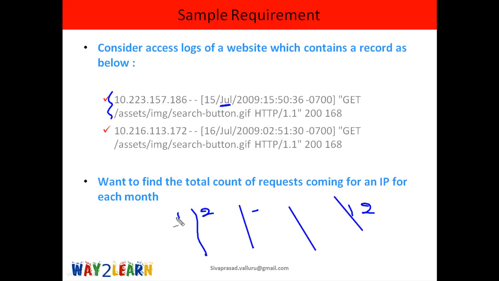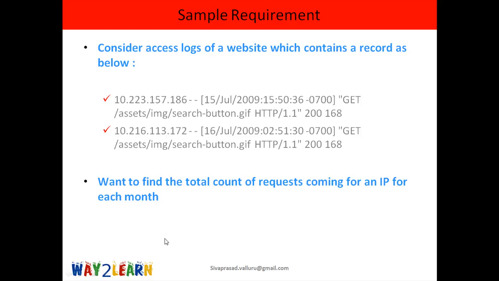If all the requests for January are coming to reducer 1, then on this reducer I can compute how many times this IP is coming as a key. I can compute the sum on this reducer and emit it. So that is my sample requirement.